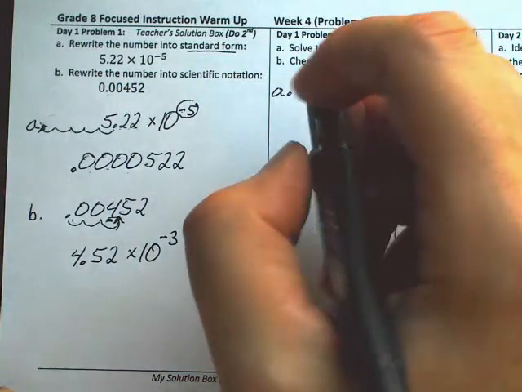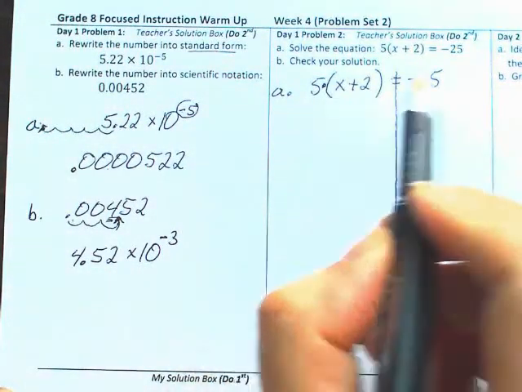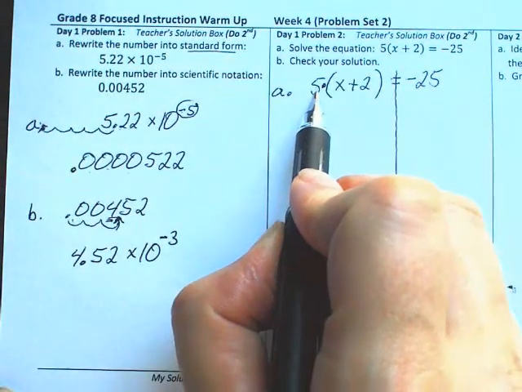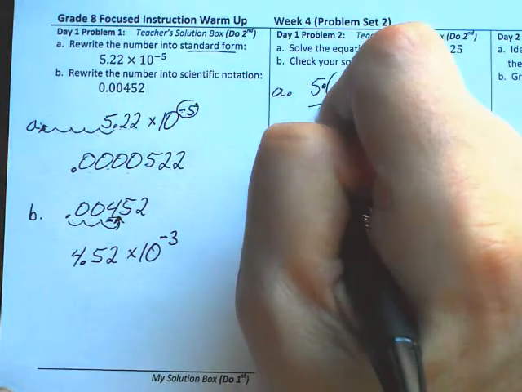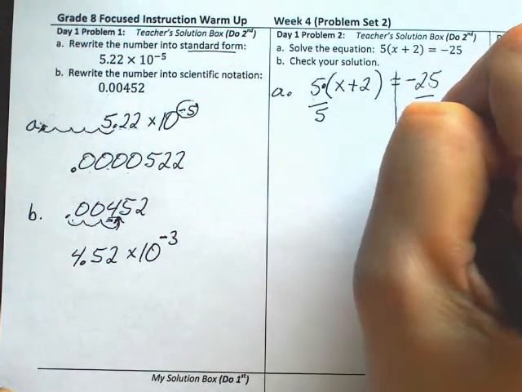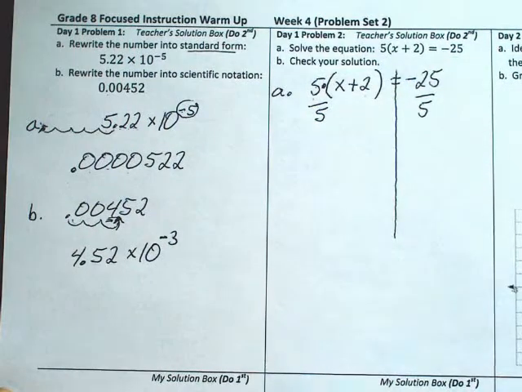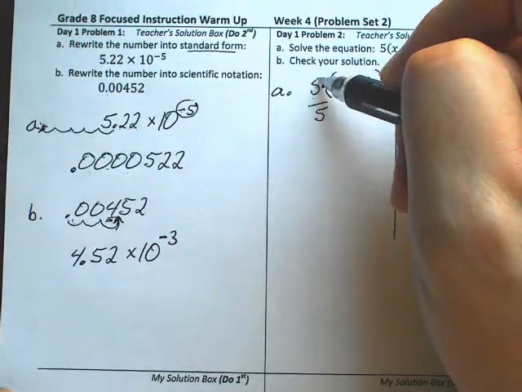Now, because this says 5 times this quantity, we can remove the timesing by 5 using division. And so divide by 5 on the left side of the equation and divide by 5 on the right side of the equation. 5 divided by 5 makes 1.